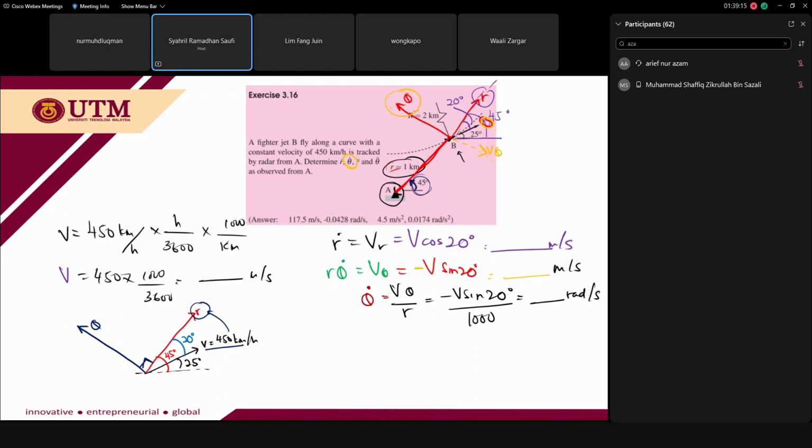If I extend the line here, this is positive R and this one is negative R. If I extend the line of theta, this one is negative theta axis, this one is negative theta, this one is negative R, this one is positive theta, this one is positive R. Between the axes, the angle is 90 degree. So now you need to resolve this V to the theta axis.